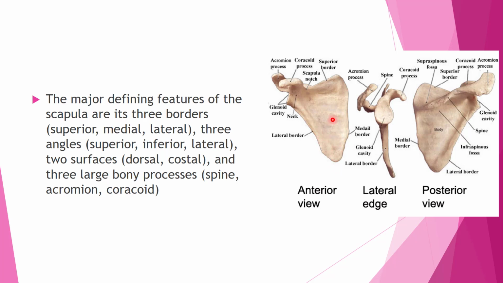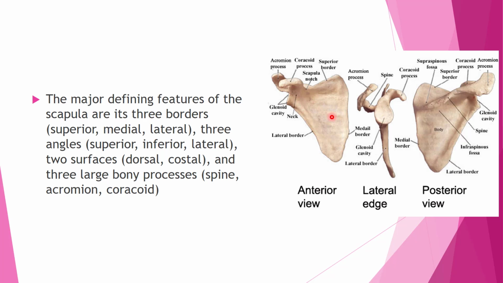Then how will you remember which one is the dorsal surface and which one is the costal surface? Remember that the spine of the scapula and the acromion process are coming posteriorly on the dorsal surface. They are present on the dorsal surface, always remember. So the surface which has no spine, where the coracoid process is present, will come anteriorly.